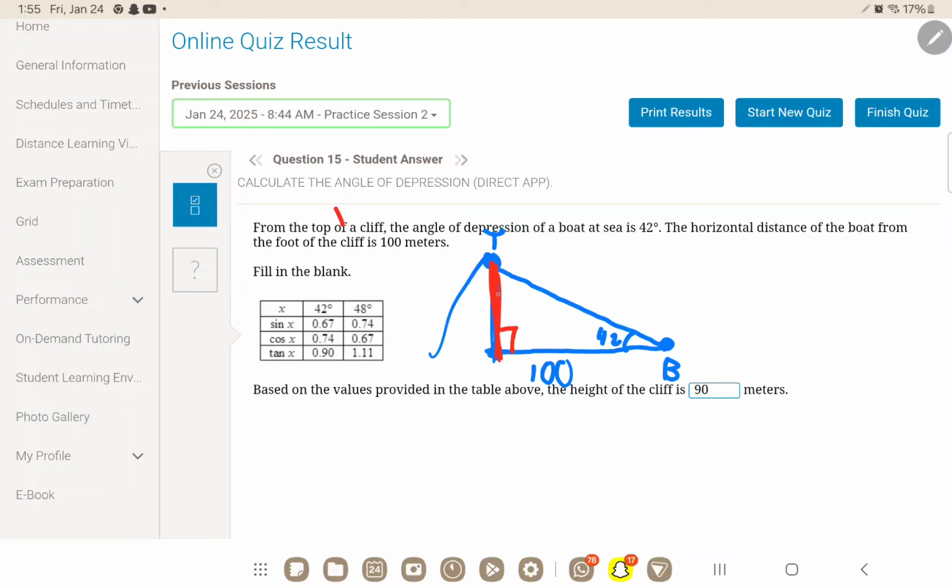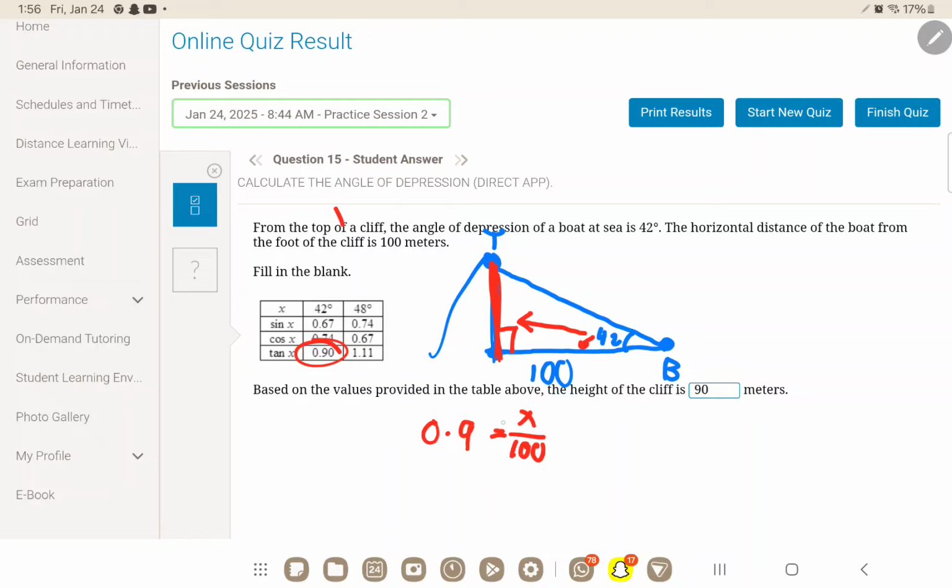In a right triangle, tan of 42 is equal to opposite over adjacent. So tan 42 equals opposite, which is the side we need, x, over adjacent, which is 100. Tan 42 in the table, they gave it to us as 0.9. So you can replace this by 0.9.